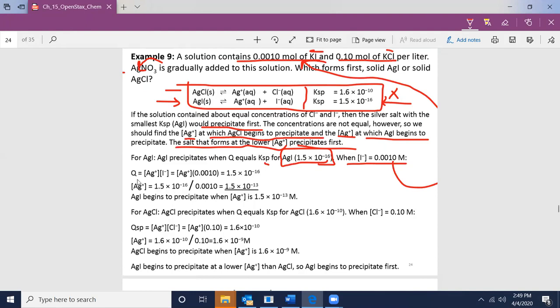Now if we write down Q as equal to the concentrations of both of them, silver is here, and the concentration is here, the Ksp here. So we can find out the concentration of silver required to start precipitation of that compound. This is going to be 1.5 times 10 to the power minus 13 molar concentration of silver ions.